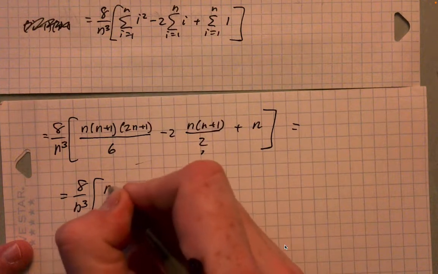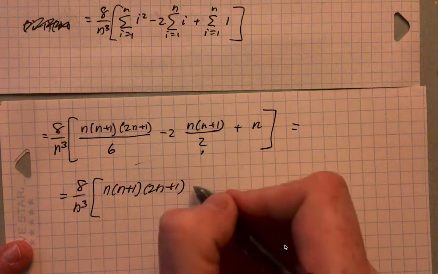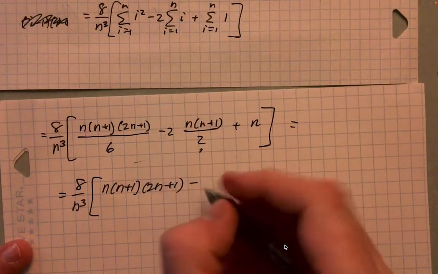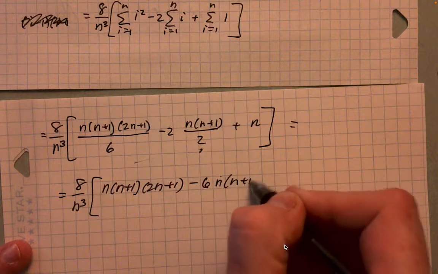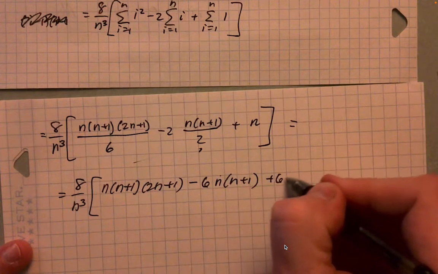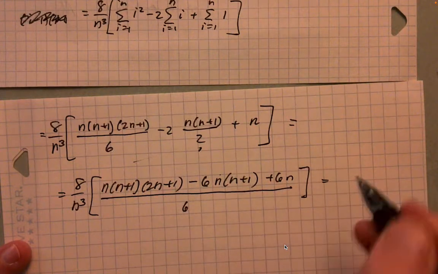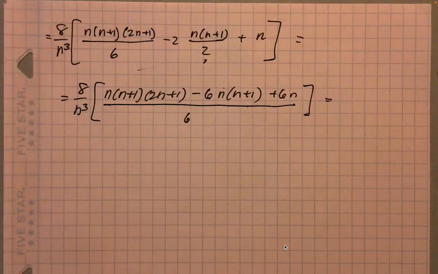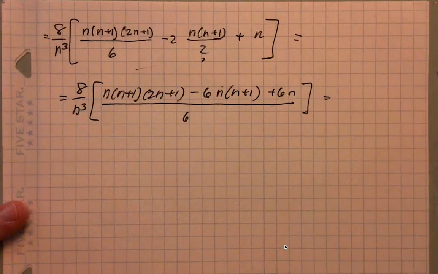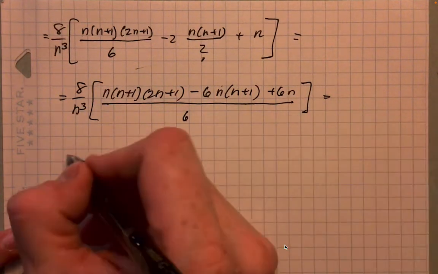So you've got n times (n plus 1) times (2n plus 1), minus, now this would be 2 times 3 is 6, n times (n plus 1), plus 6n, all over 6. Realize this is a long, arduous calculation, but it's useful to go through it and make sure that everybody is following along here. And we'll pull the 6 out.